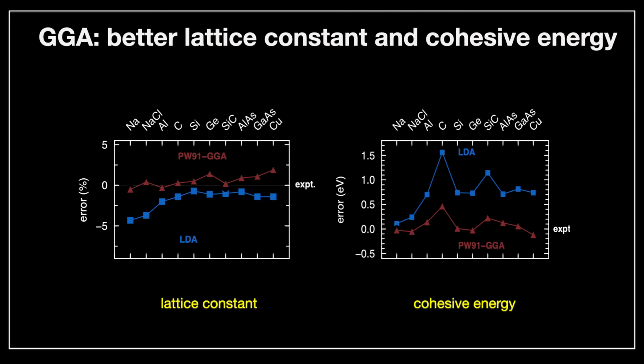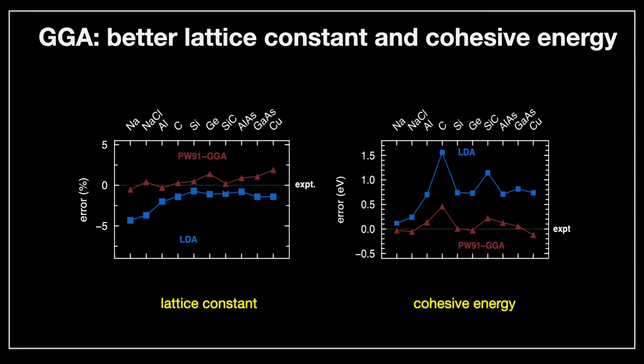The cohesive energy of the system is on the right-hand side, and we see that this particular flavor of GGA, PW91, is able to get a much better energy. The improvement over LDA is typical. It's typical for GGA to improve over LDA because the functional form of the exchange correlation includes a term that depends on the modulus of the gradient of the density.